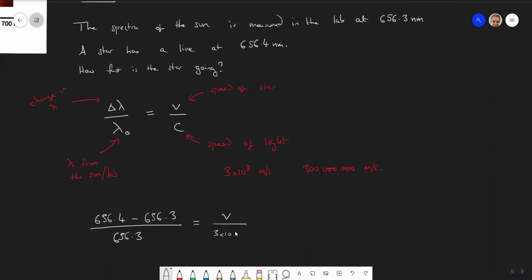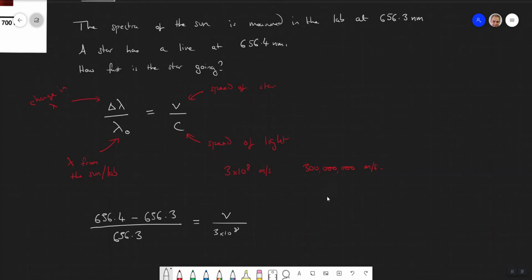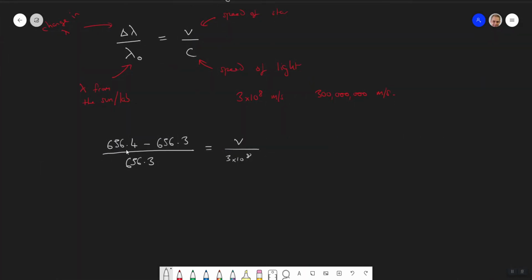3 times 10 to the 8. And so you might think, do I need to convert out of nanometers? You don't, because you've got nanometers on the top and nanometers on the bottom, so they cancel out. That's perfectly fine. So what we end up with is 0.1 over 656.3 is equal to V over 3 times 10 to the 8.